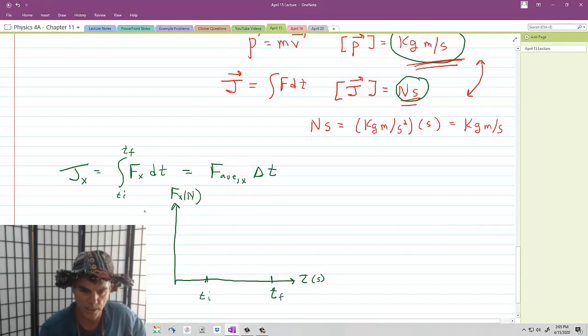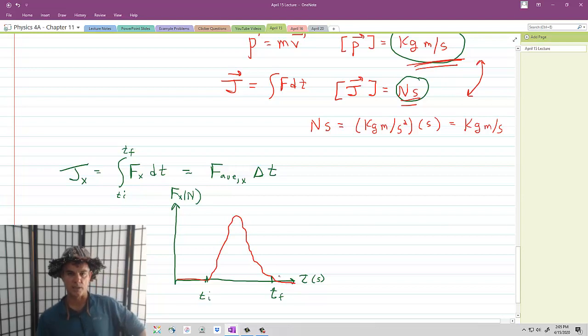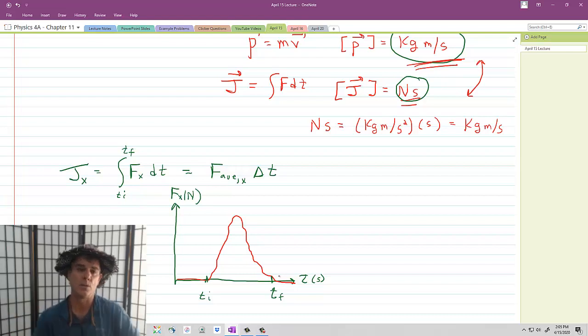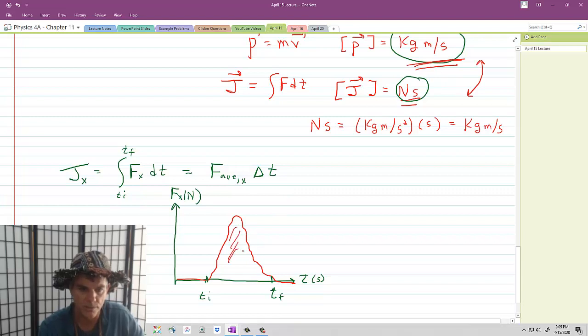So what I would see is, let's say the real force looked like this. Started off at 0, went up to some maximum value, then decreased back to 0. The integral of F dt is really just the area under the curve of force versus time. So if I want the impulse, it's really just the area under this curve of force versus time.